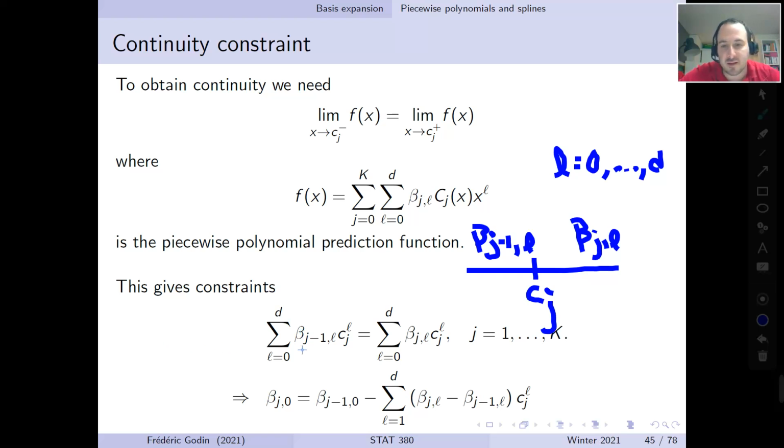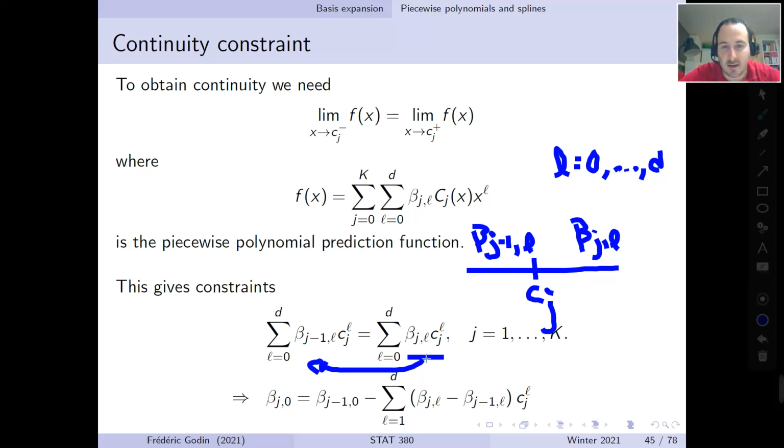And this is equivalent to saying, so if we just isolate the first beta of this equation, this means that we simply have to set beta j0 equal to beta j minus 1, 0 minus, so here what we do to get this, we simply take all terms from l goes from 1 to d, and all these terms we put them on the other side.